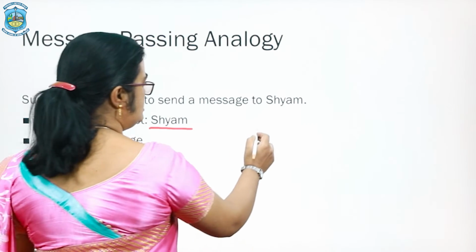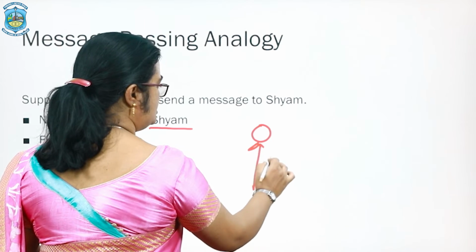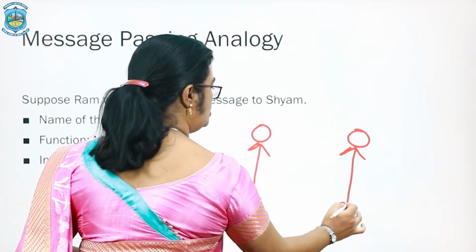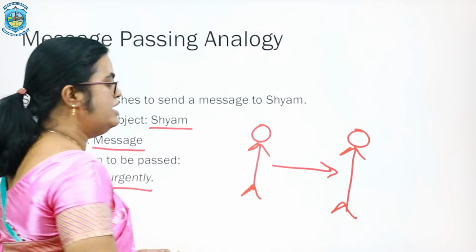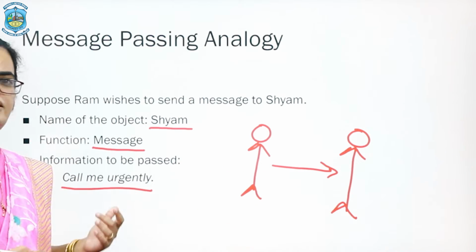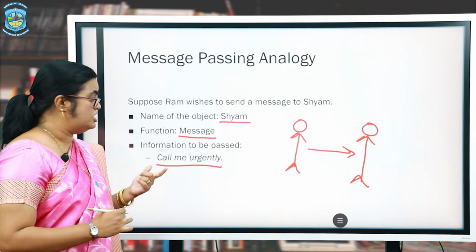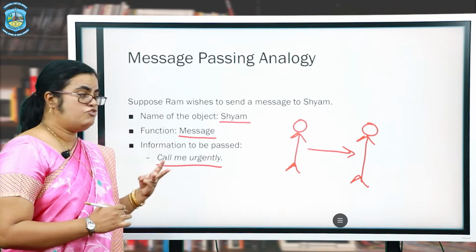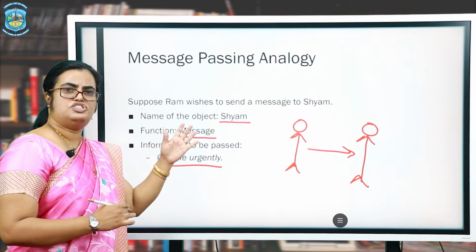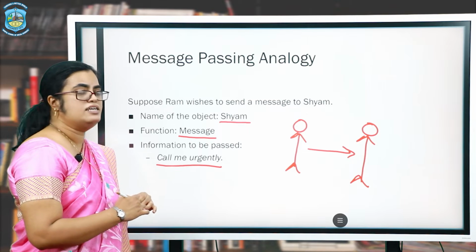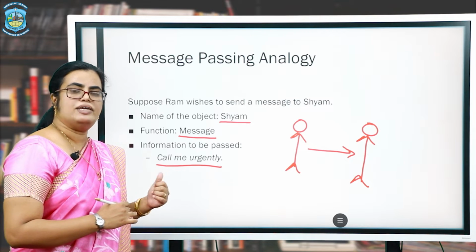So here in this mechanism, we have seen there are two entities, Ram and Shyam, and they are going ahead and doing a message passing mechanism. Here, the major thrust is on the object, the function, and the information to be passed. In the general scenario, the same concept of message passing can be applied to programming as well.